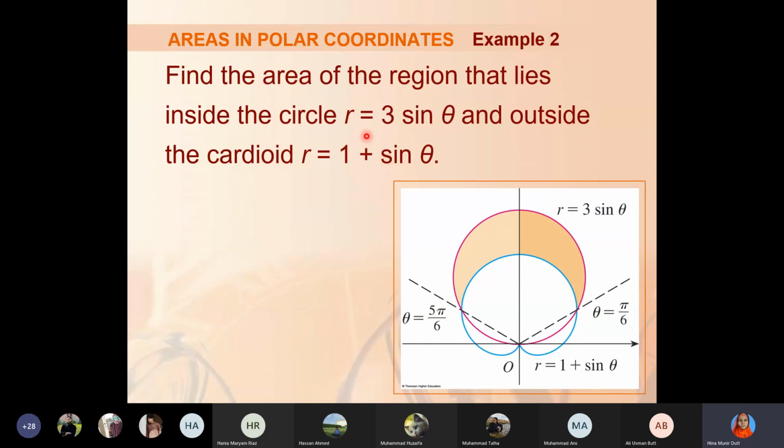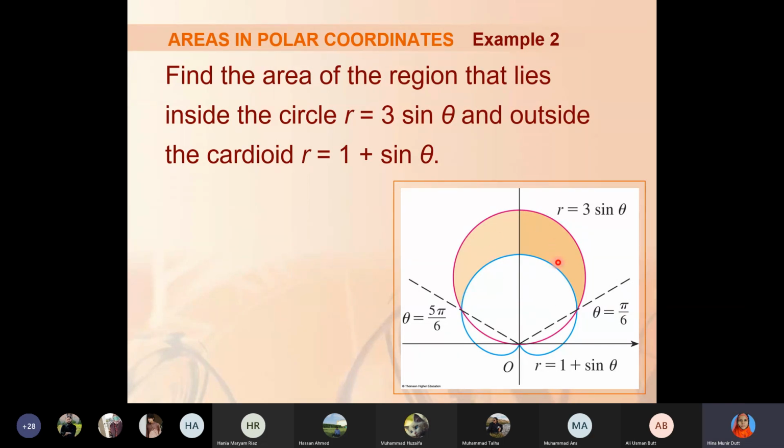The first step to find this area is to draw these two curves. We should know that r is equal to 3 sine theta is a circle that lies along the y-axis, as I told you before, and r is equal to 1 plus sine theta is a cardioid along the y-axis.